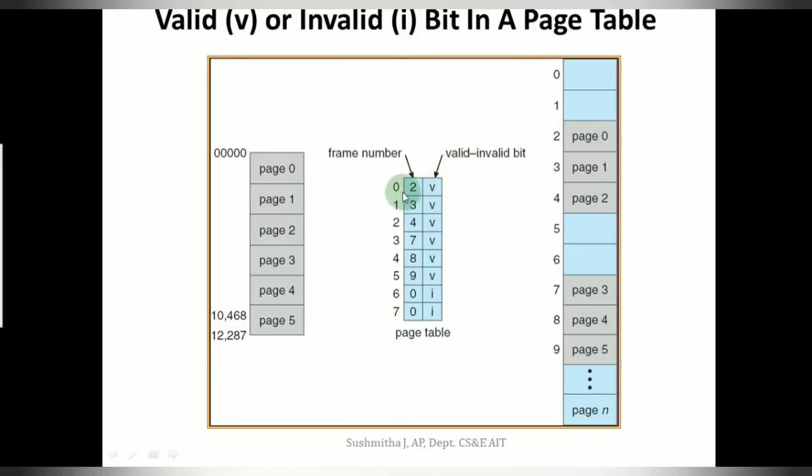So you can see page 0 is valid, page 1 is valid, page 2 is valid, page 3 is valid, page 4 is valid, page 5 is valid. These are the 6 pages, 0 to 5, allocated to one process, whereas page 6 and page 7 are indicated as invalid because they do not fall within this process's logical address space. So that is about your protection bit.